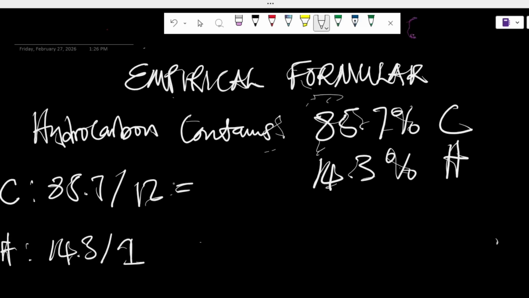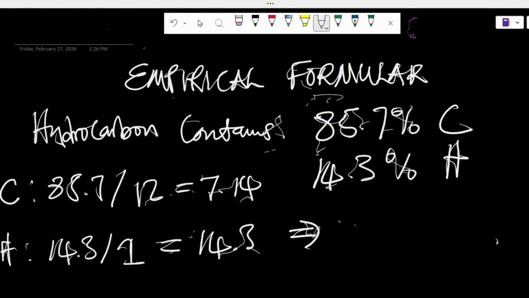So this is going to give you 7.14, and this is going to give you 14.3. So you're going to write the ratio. So this is going to be 7.14 to 14.3.